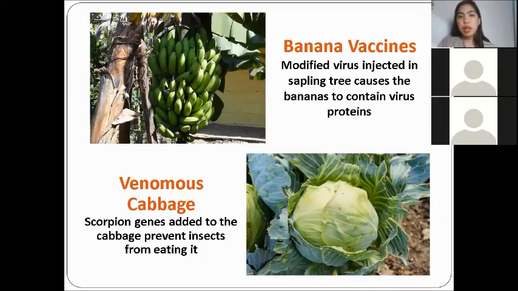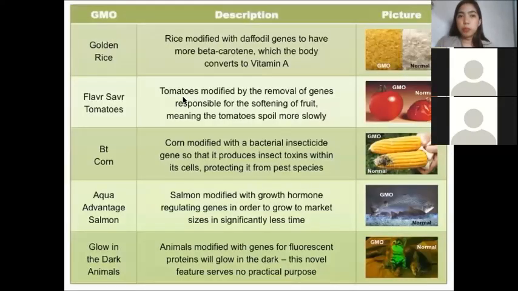Another example is golden rice, which is common nowadays. I know that you are familiar with golden rice because this is common in the Philippines. So if you compare the picture, this one, the genetically modified organism, and the normal one. Diba sabi nga, how do you solve the problem that people may encounter nowadays? Diba?